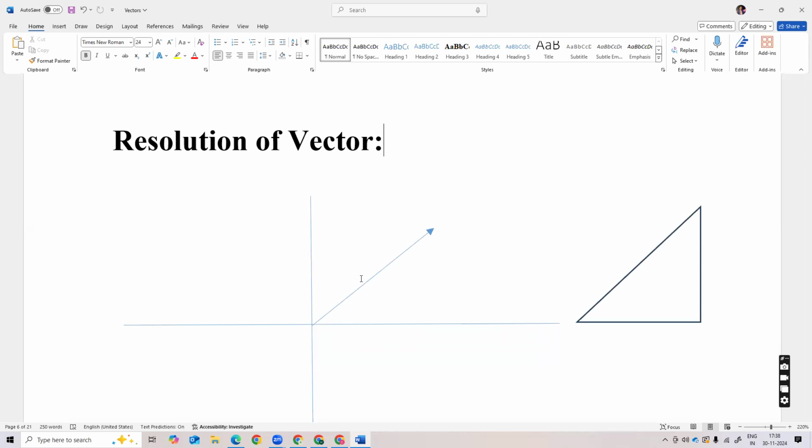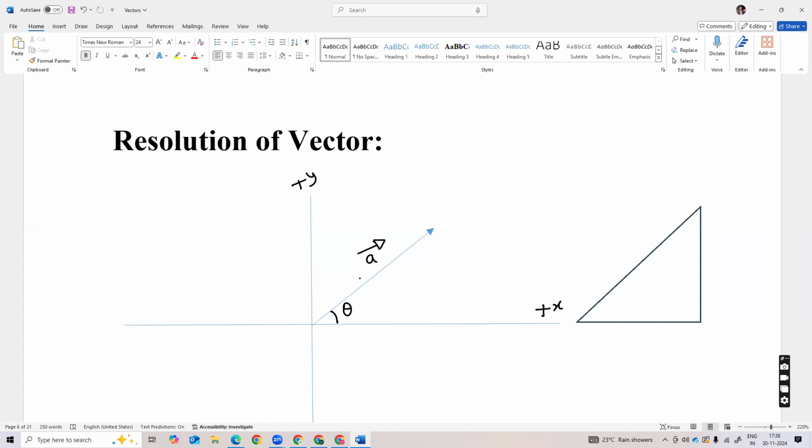So let's say we have a vector A, and let's say this is the positive x-axis, this is the positive y-axis, and this vector is making angle theta against the positive x-axis. So we basically use the Pythagoras, the right angle triangle, for resolution of this vector.